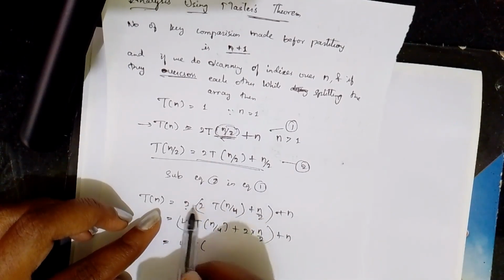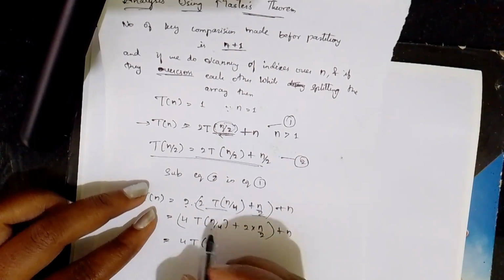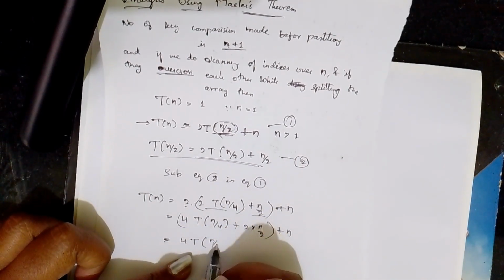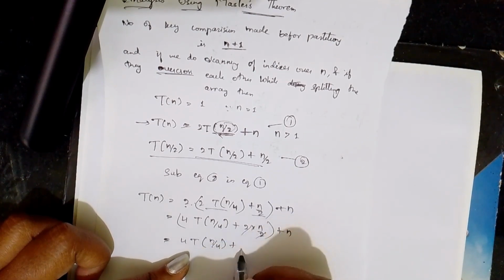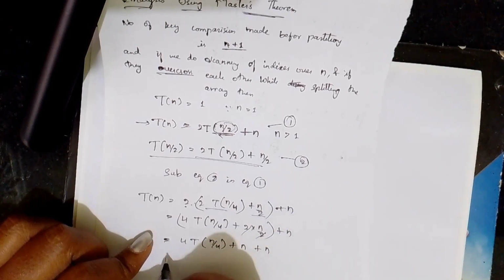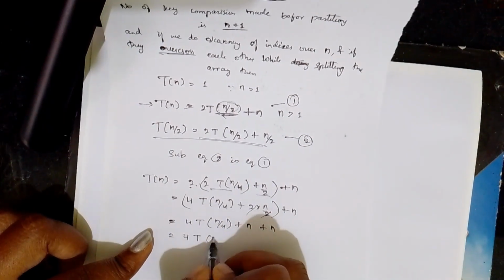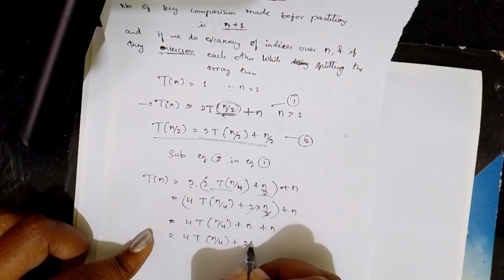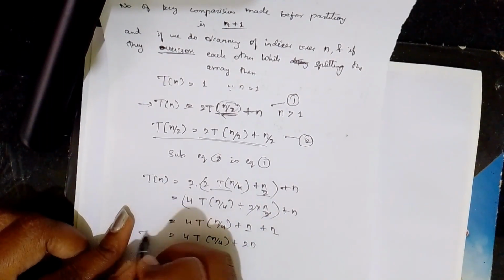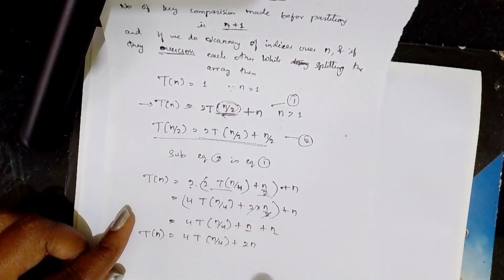Here I have multiplied this 2 into both parts, so we will get 4T(n/4), and this 2 will get cancelled, n plus n. So we will get 4T(n/4) + 2n, since n plus n is 2n. So this is our T(n).